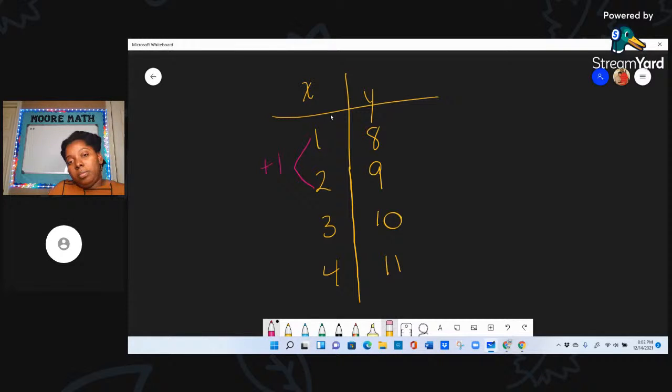And what else? The y's are adding by 1. Okay. So tell me what my slope is. 1 over 1. Good, which is 1. So far we have y equals x now, or 1x, right?